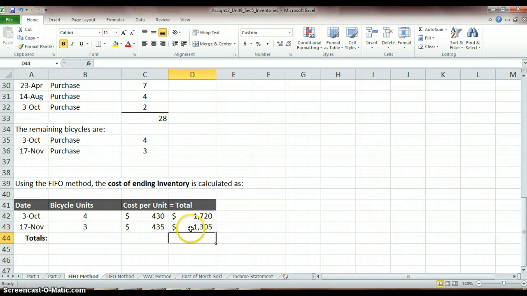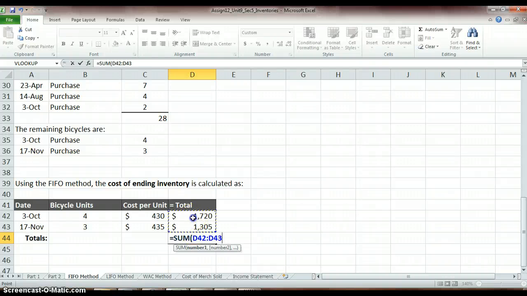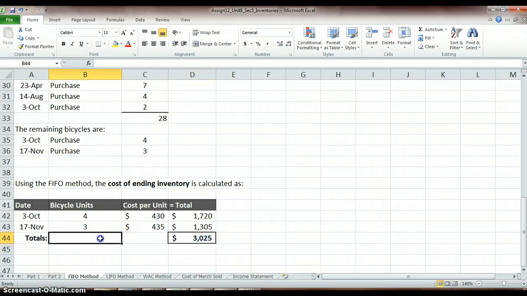And I have $1,305 of bikes left over from my November purchase. So then to find the total amount of bikes that I have left over, I would want to equal the sum of these 2 numbers. Okay, so that means I have 7 bikes left over totaling $3,025 left. That's the cost of ending inventory.